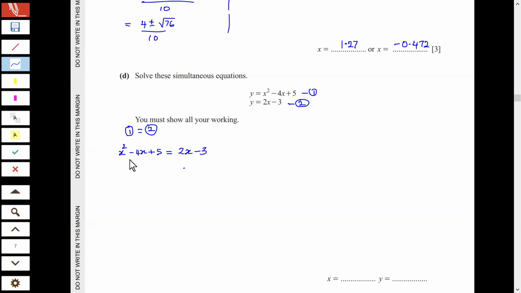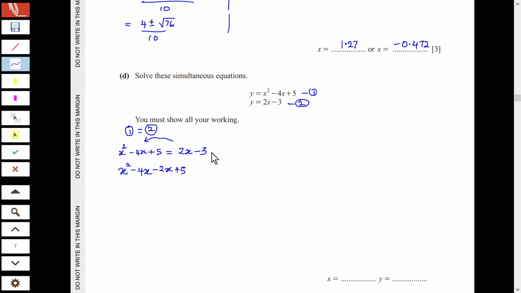We have negative 4x on the left and 2x on the right-hand side. To move 2x to the left-hand side, it becomes negative. So we have x squared minus 4x, and now the 2x moves to the left-hand side and becomes minus 2x. Then we've already got plus 5 on the left.